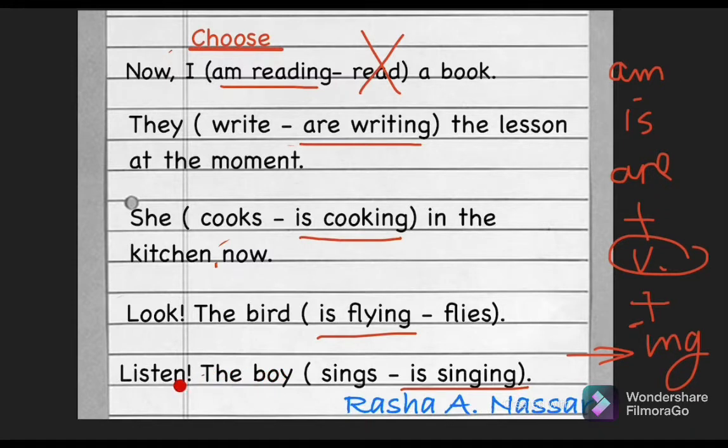No, I'm talking about something which is happening now. So when I'm talking about something happening now or at the moment, I will use verb to be plus verb plus ing. So I will choose "is singing." Listen, the boy is singing.